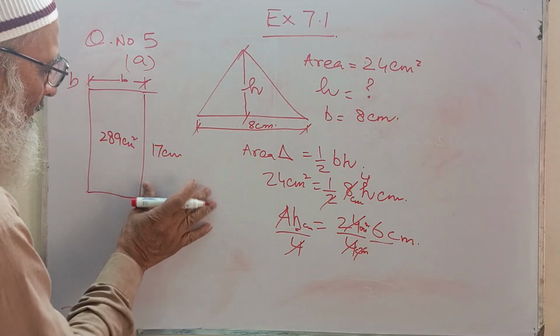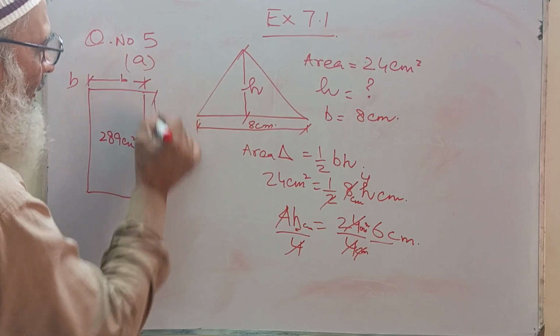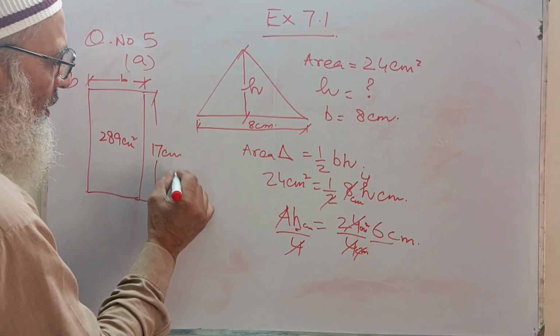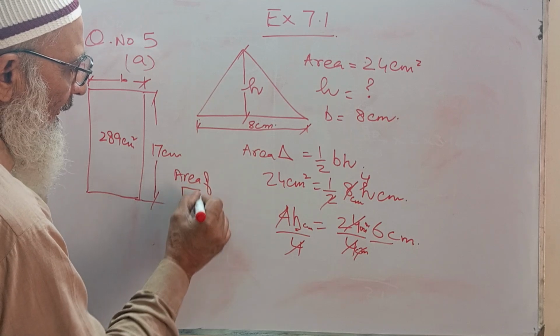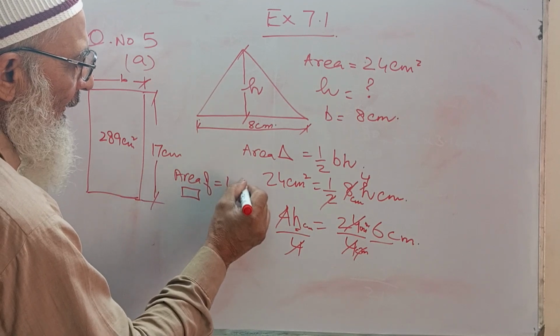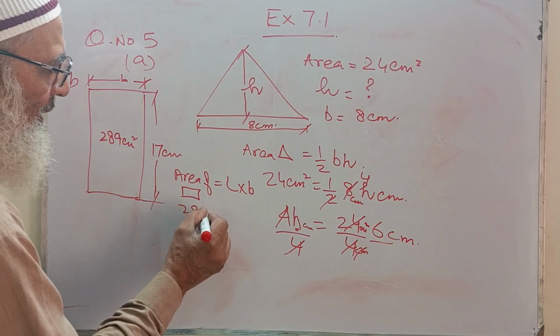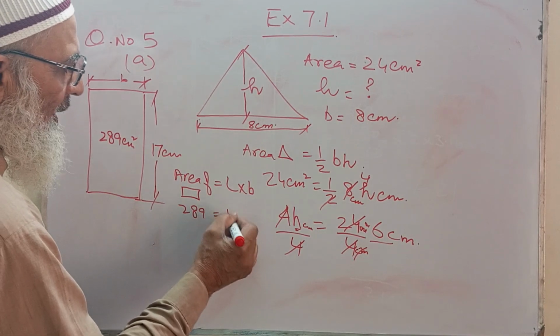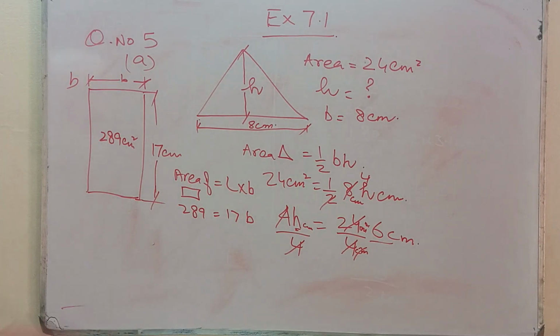As you know, the area of a rectangle is equal to L into B. So just write 289, and you know the length L, you don't know B. So just divide it by 17, and we'll get the answer.